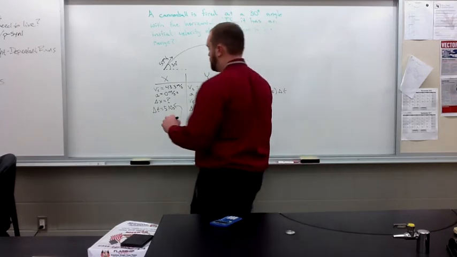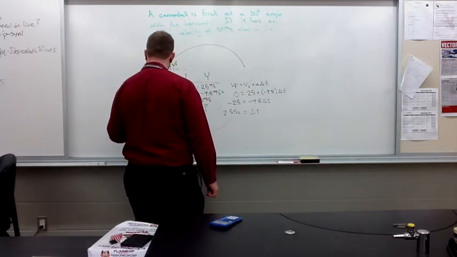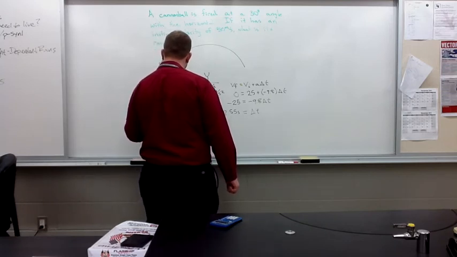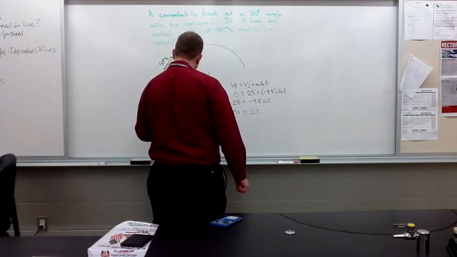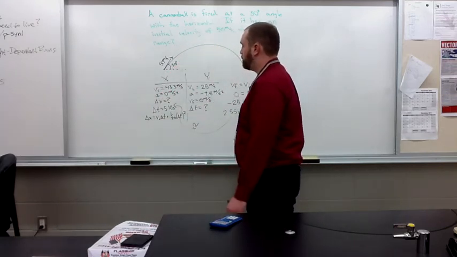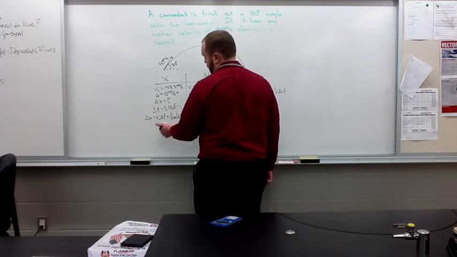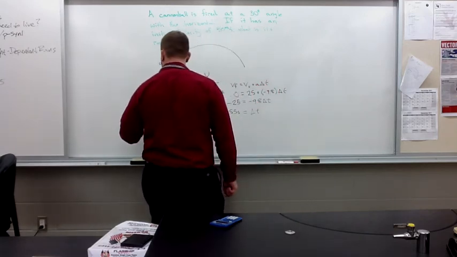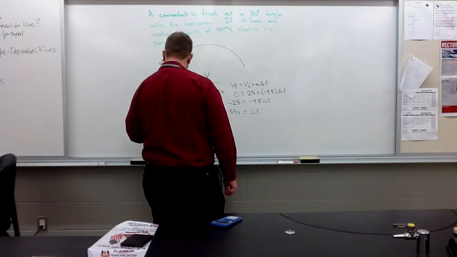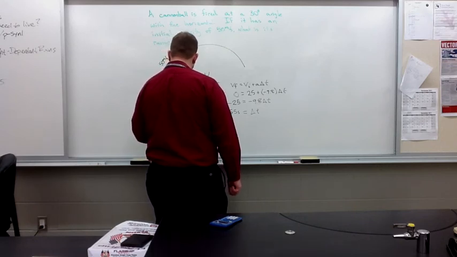The equation we'd use for this is delta x equals initial velocity times time plus 1/2 a times delta t squared. When you plug in, a is 0, so this whole side's going to go away. You'll be left with delta x equals 43.3 times 5.10.